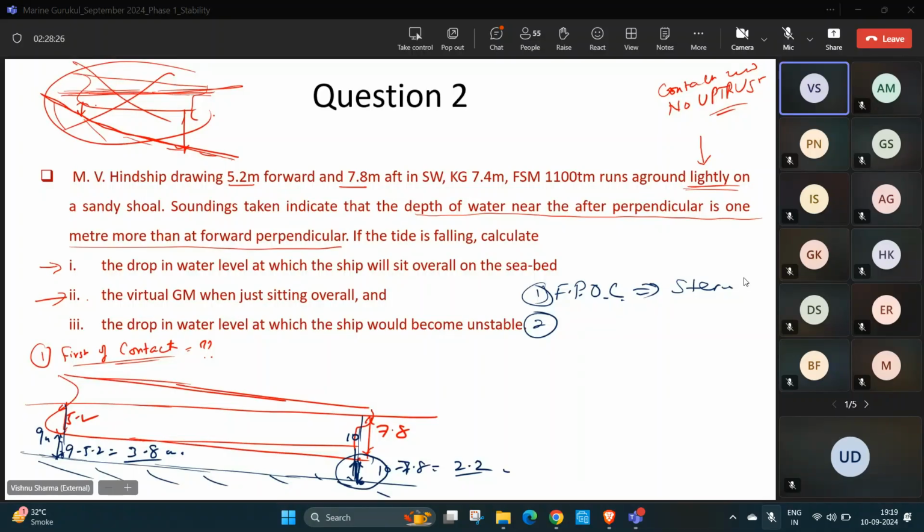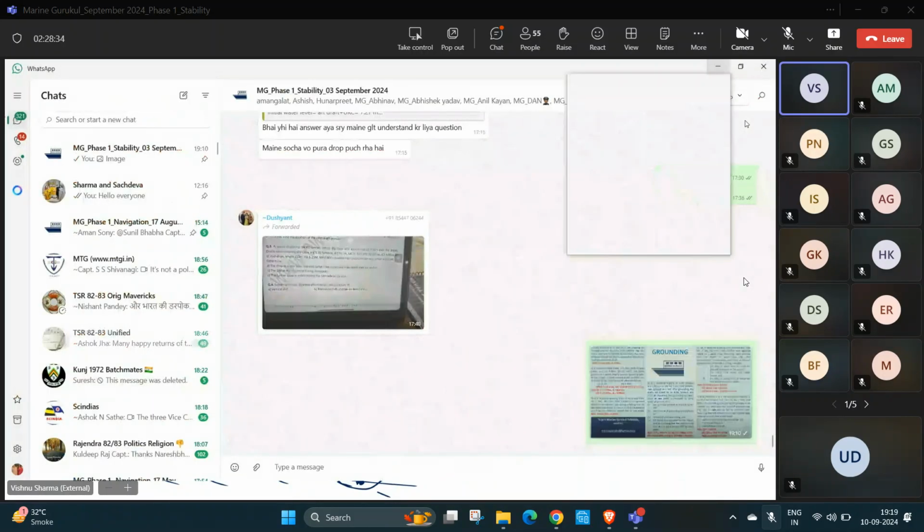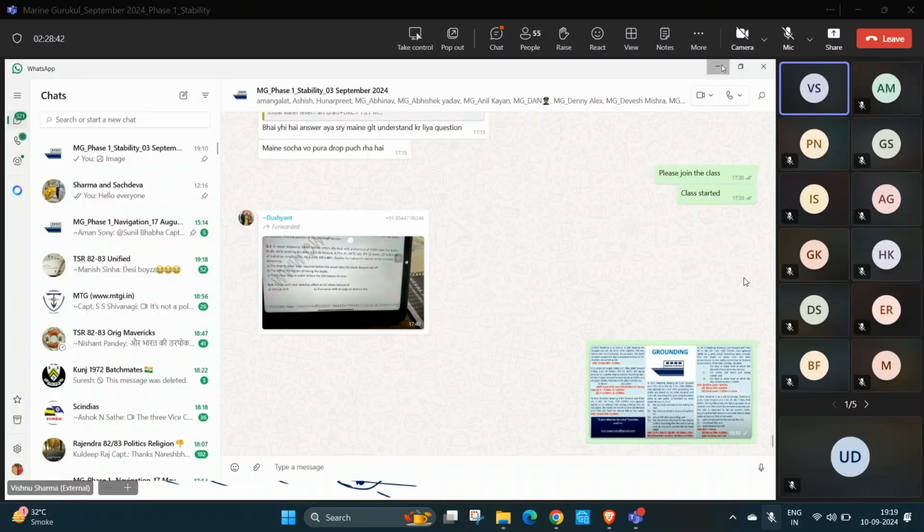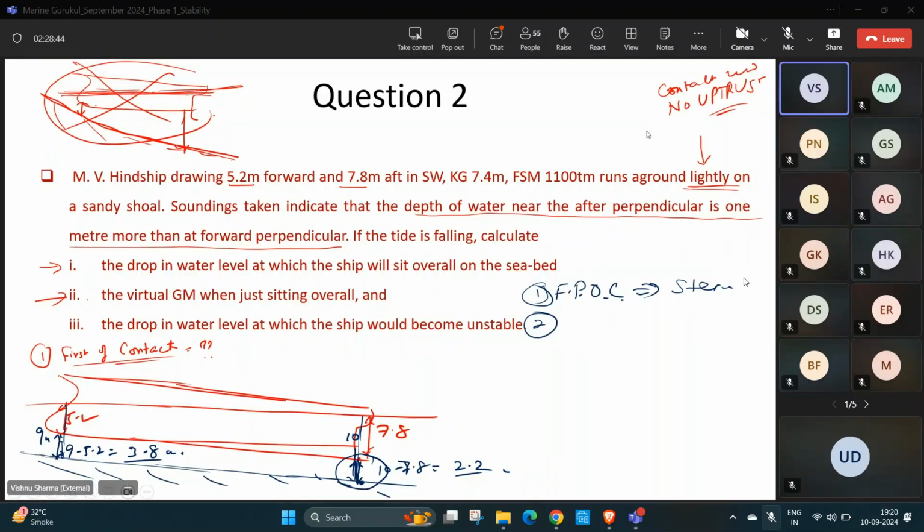Correct? So now, since stern is the first point of contact, all our calculations will hover around the stern. So our calculations will hover around the first point of contact. So it is always important that you figure out which is the first point of contact. Am I clear, guys?